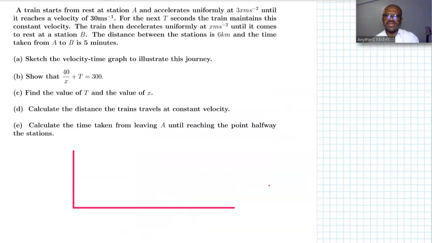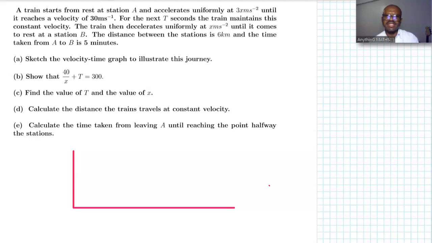The next question is, a train starts from rest at a station A and accelerates uniformly at 3x meters per second squared until it reaches a velocity of 30 meters per second. For the next t seconds, the train maintains this constant velocity.